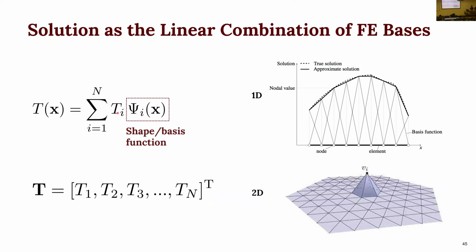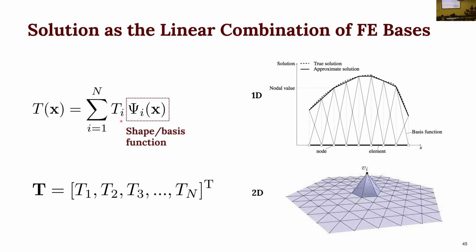The support, and by support I mean the region where this function is non-zero, will either be a single zone, for example, if we consider this shape function, this is defined over this zone, or over a collection of zones that share a common vertex or face or edge. The number of basis functions, so what your n will be, is dependent on how you discretize your domain, as you can see here, and how many mesh elements you have.